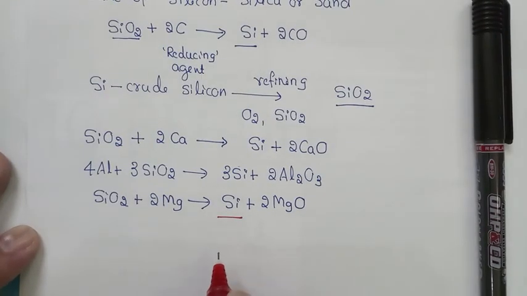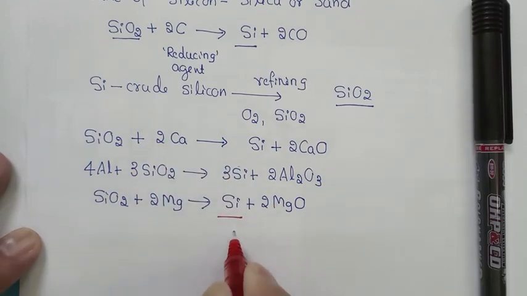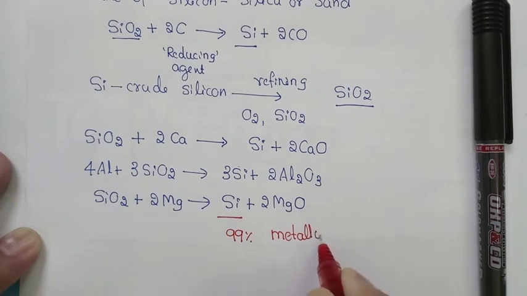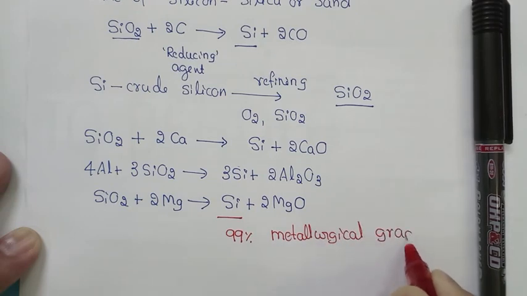The silicon that is obtained after this process is approximately 99% pure, and it is called metallurgical grade silicon.